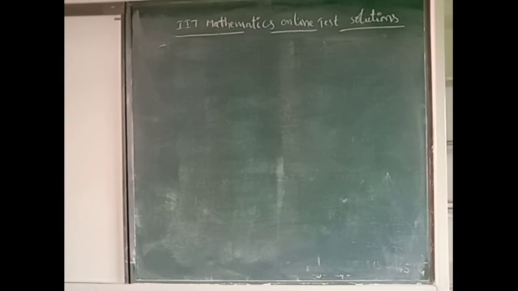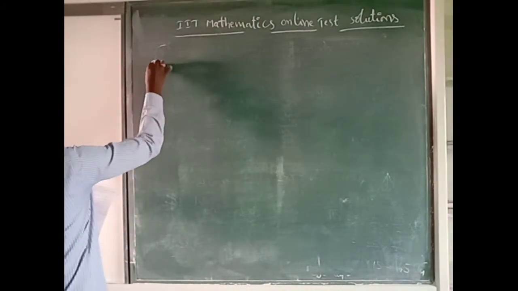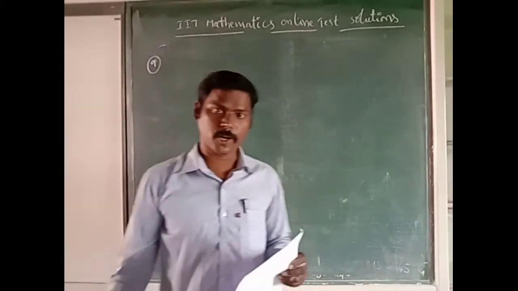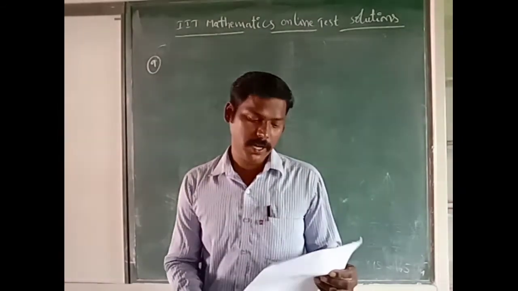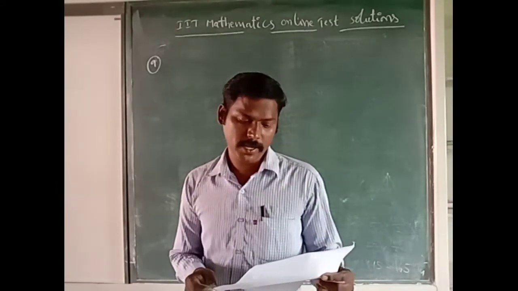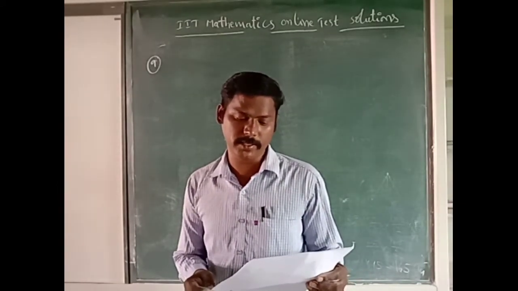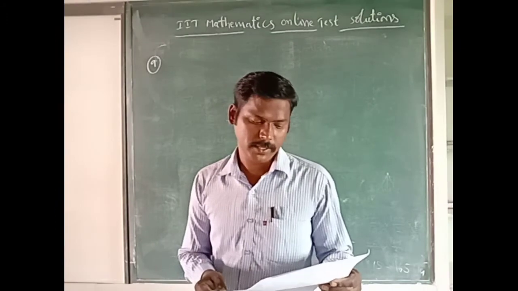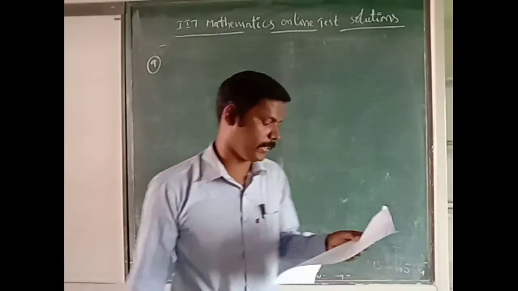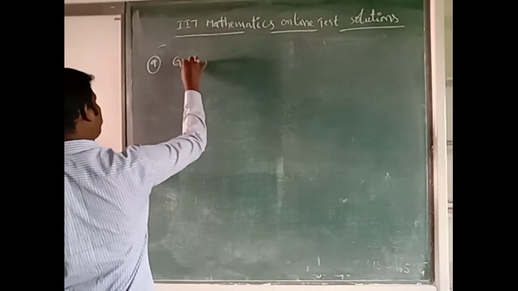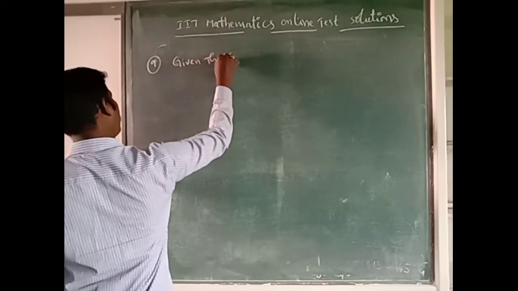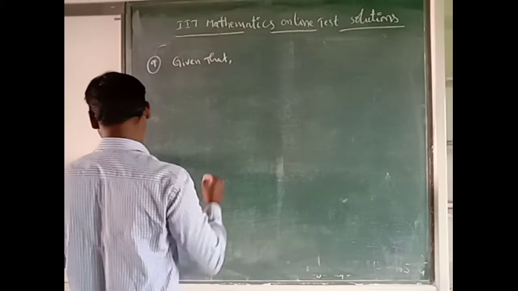So next we have question number 9. What is question number 9? Look at the problem. If the slant height of a cone is 21 centimeters and the diameter of the base is 24 centimeters, then the total surface area of the cone is. First, note down what is given, children.